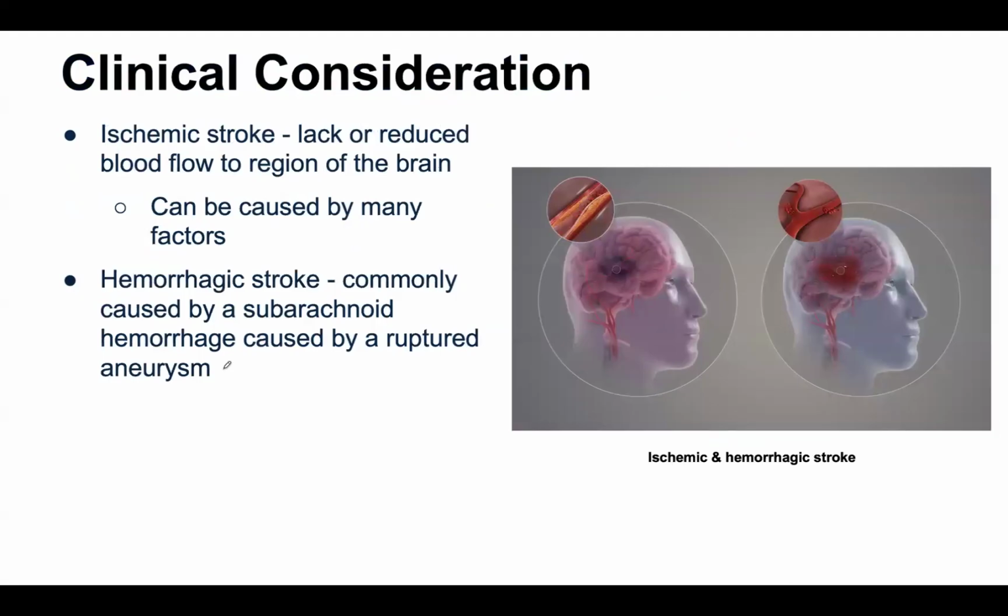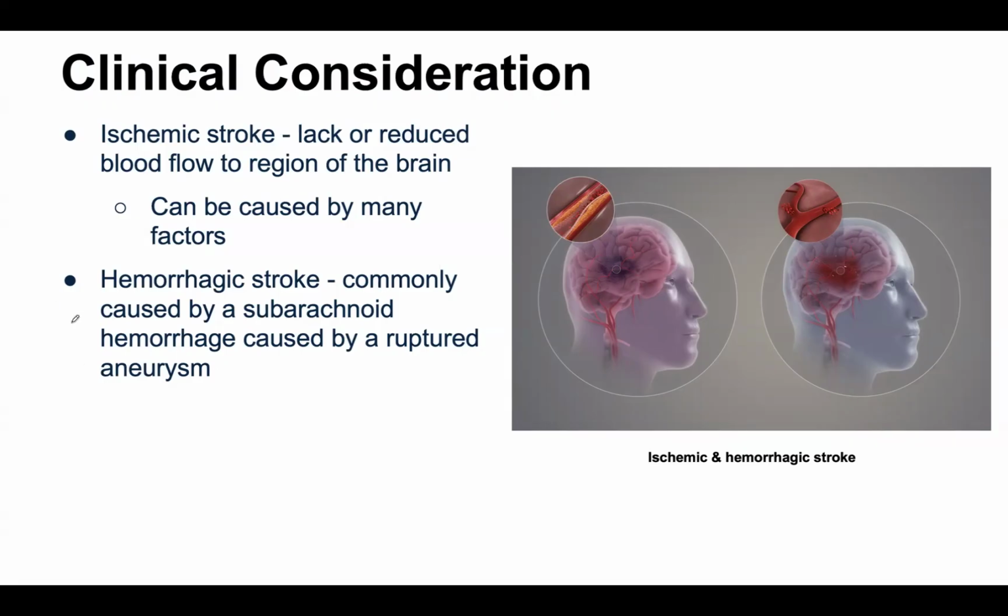Now, you will talk about strokes in much, much more detail in upcoming clinical lectures, but I did want to introduce the concept here. So strokes are any kind of rapidly developing focal neurological deficit, so not due to seizure activity. And there are two major types of stroke. There's ischemic as well as hemorrhagic.